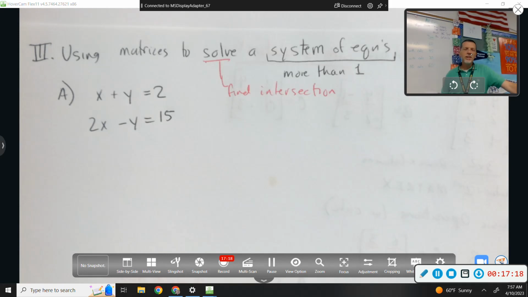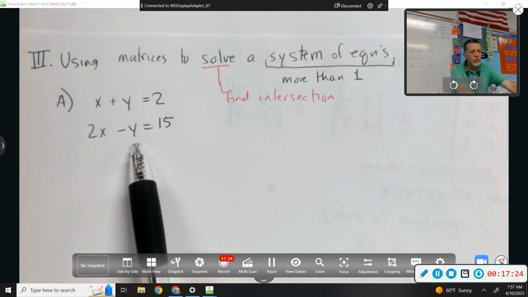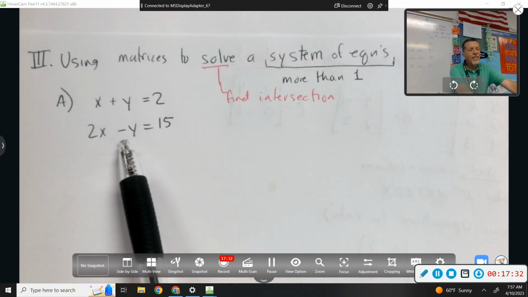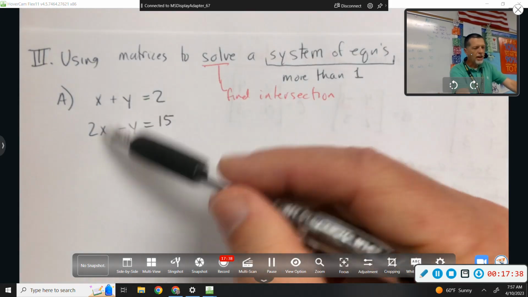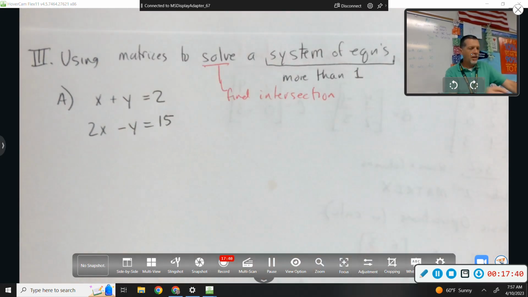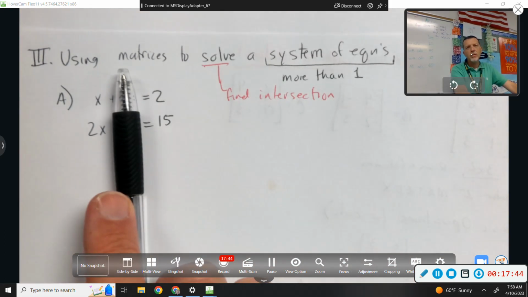Then you did substitution, right? You would say y equals 2 minus x, and then in place of y, put 2 minus x. Does that sound familiar to three of you? And then the last method you did was elimination or combination, where you would add the two equations, because the y's would cancel each other out, and you'd end up with 3x equals 13.